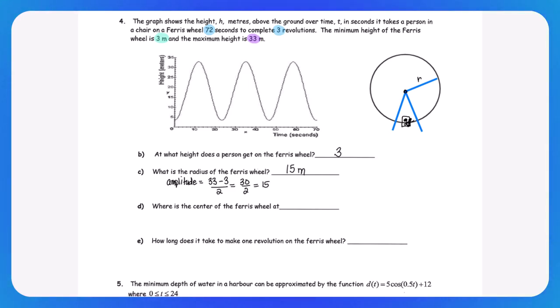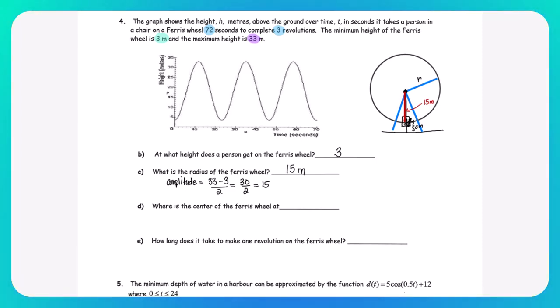Well, that is the distance here to the ground. So the ground is at 0. We know that when we're at the bottom, we're 3 meters above. We also know the radius, and I'm just going to put in this radius right here. That radius hasn't changed. It's still 15 meters. So notice what we're doing here.